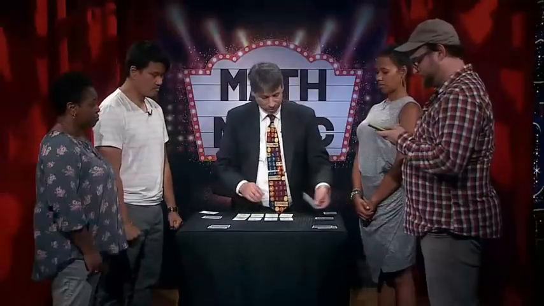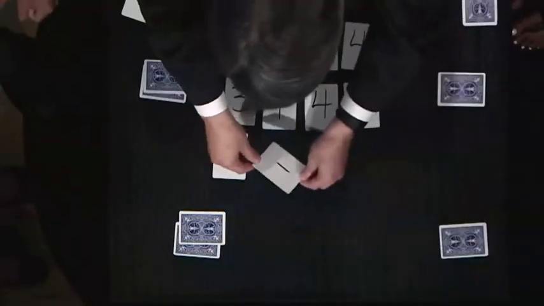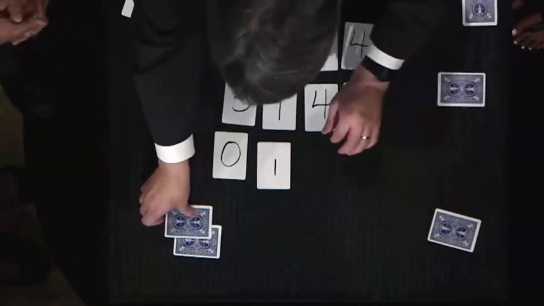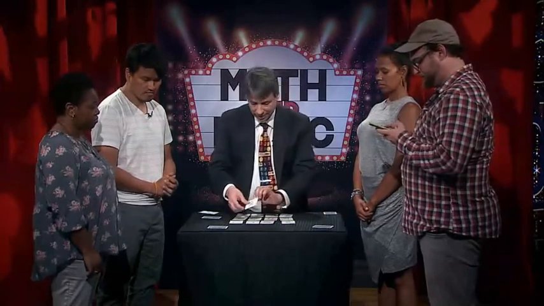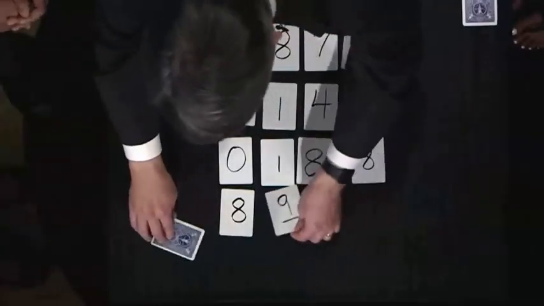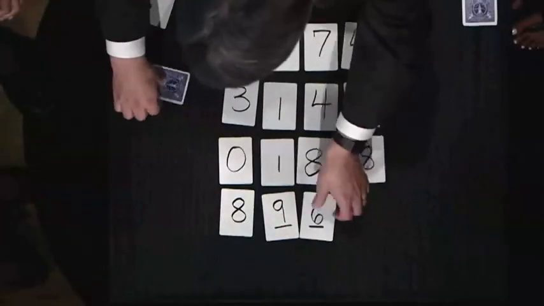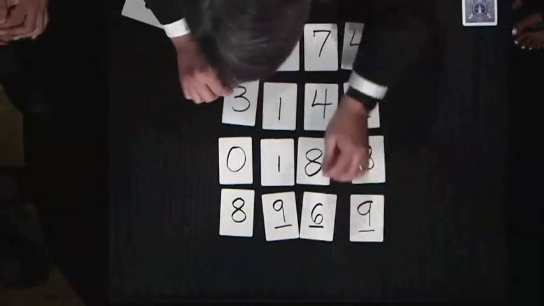Our third number is 0188. And our last number is 8969. Okay. So when you add those numbers together, you should probably get a five-digit number. What number do you have?